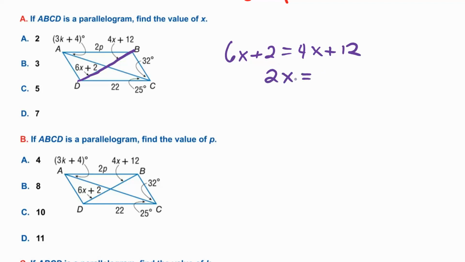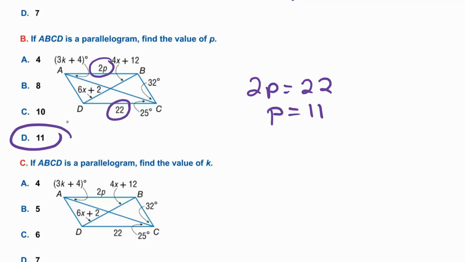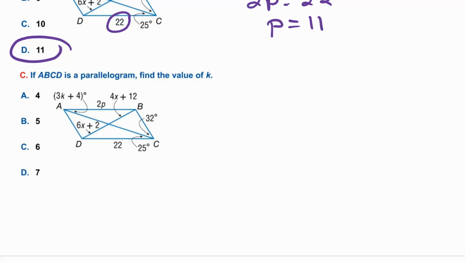So 2X equals 10, so X would equal 5. 2P equals 22, so P would equal 11. 3K plus 4 is part of this angle here.